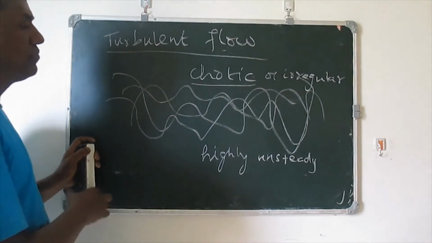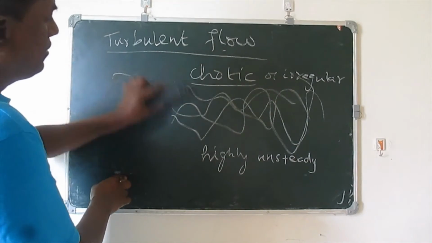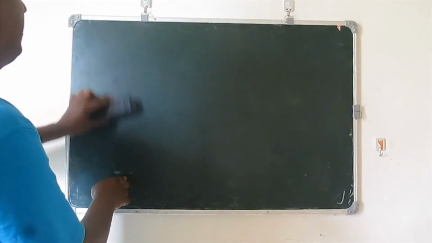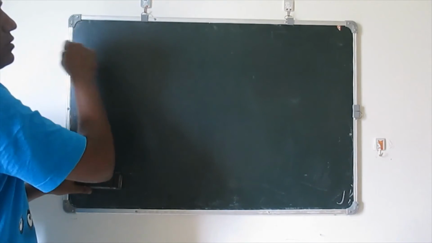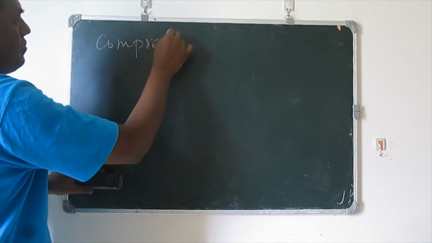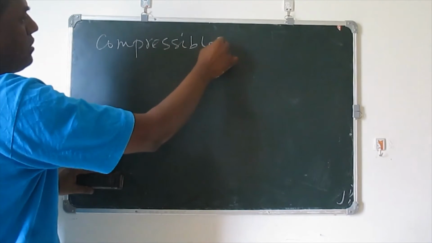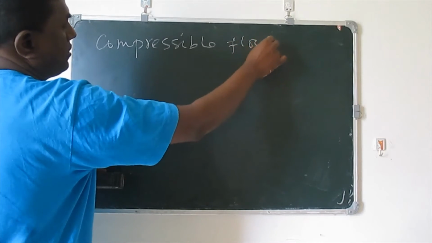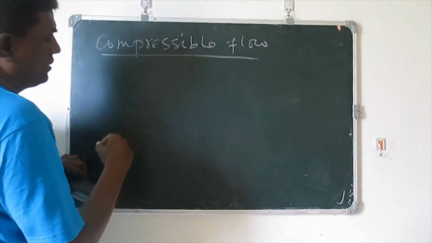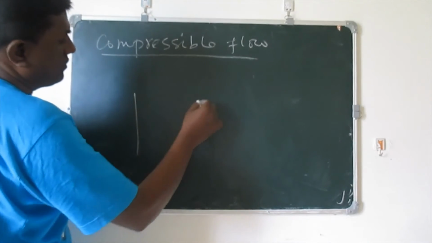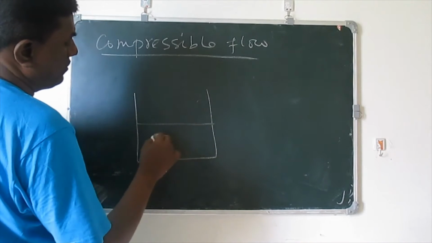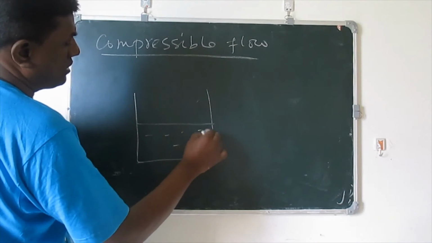And then the next one is called compressible and incompressible flow. First, let's see about compressible flow. Compressible flow is nothing but whenever we have a liquid or fluid in a container, let's say this is the liquid.